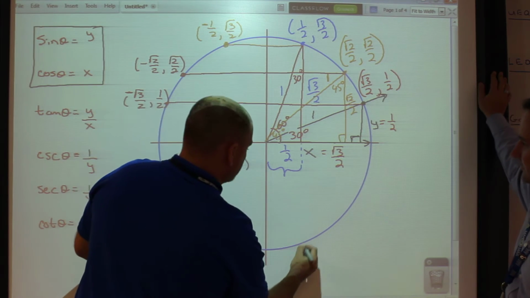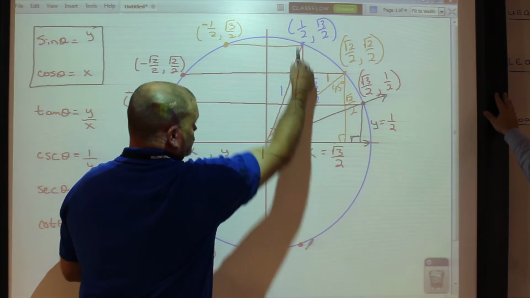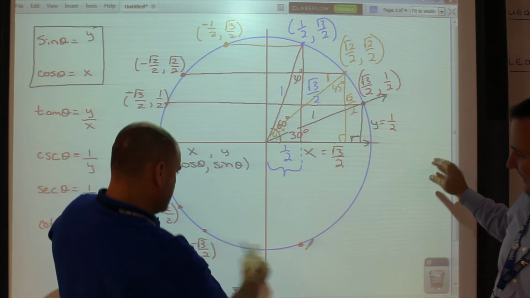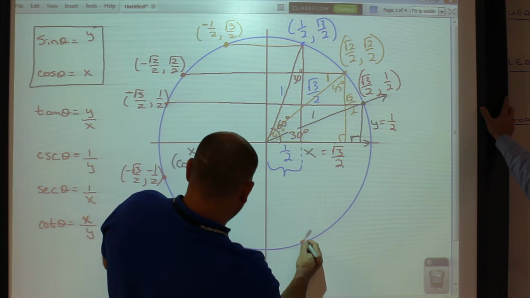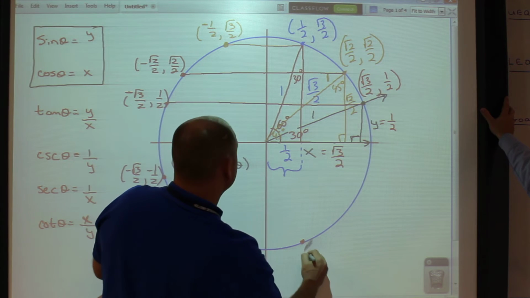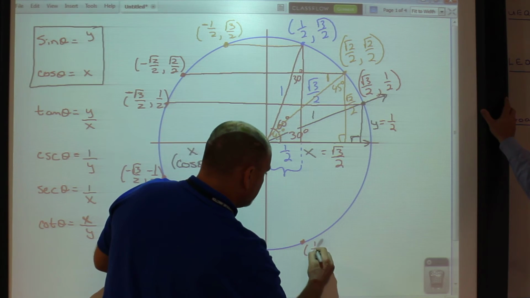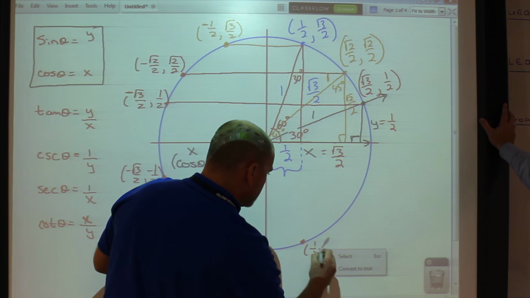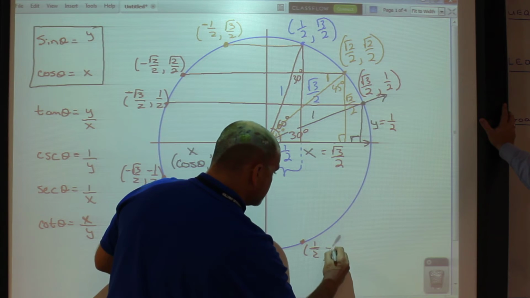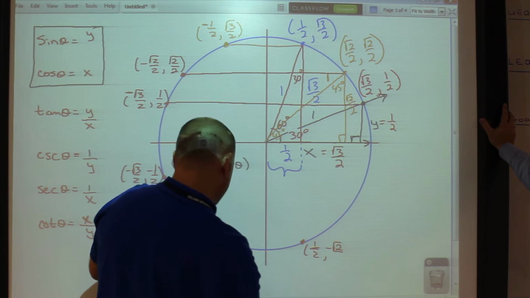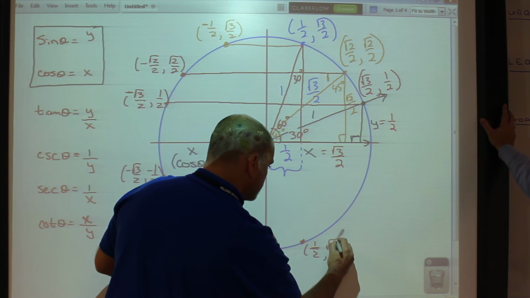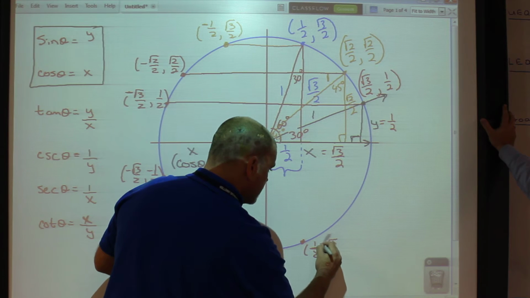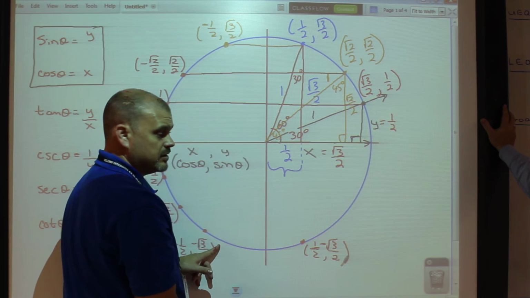And then, of course, straight down here, just like it coincides. But that's not very pretty, is it? It's going to be somewhere over here. Anyway, you guys get the point. It's going to be 1/2, but now y is negative square root of 3 over 2. And it's negative y values in the fourth quadrant.